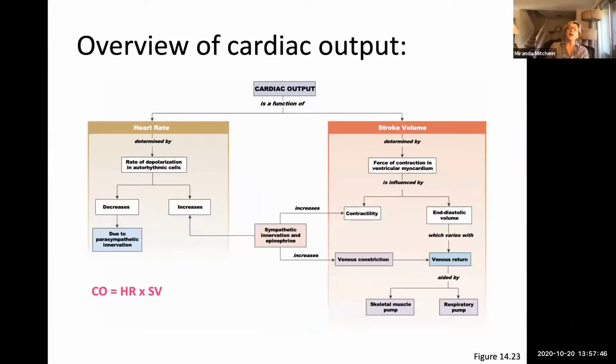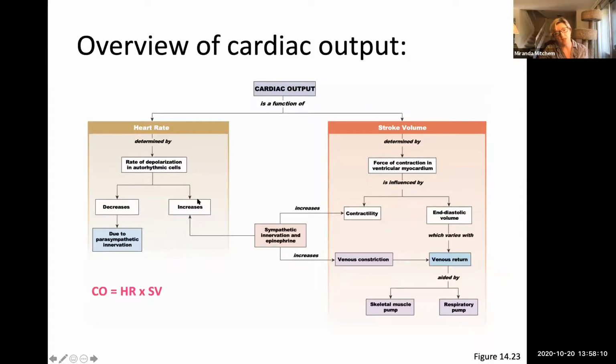So looking at cardiac output, we can determine it a few different ways, but one way is the product of heart rate and stroke volume. So we just reviewed heart rate, and we can increase it through sympathetic stimulation with norepinephrine. We can decrease it with parasympathetic stimulation with acetylcholine.